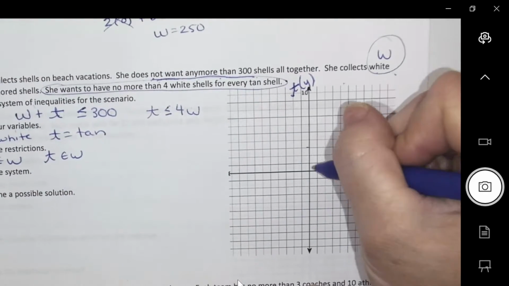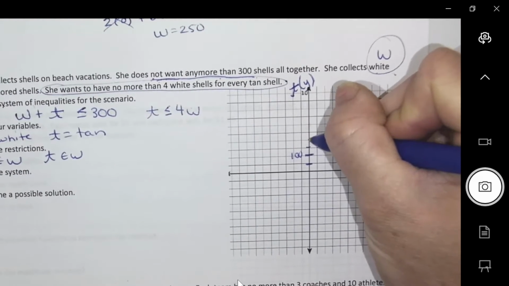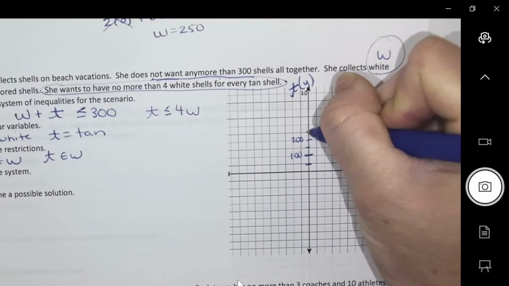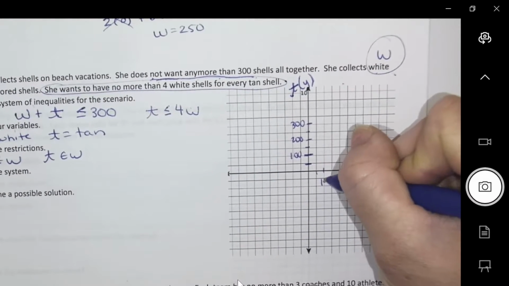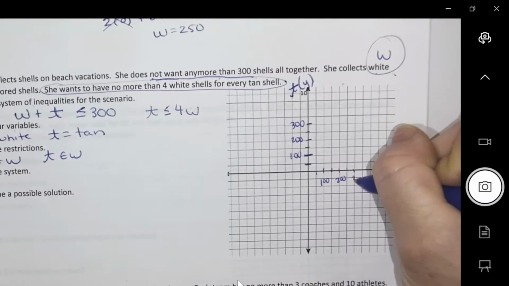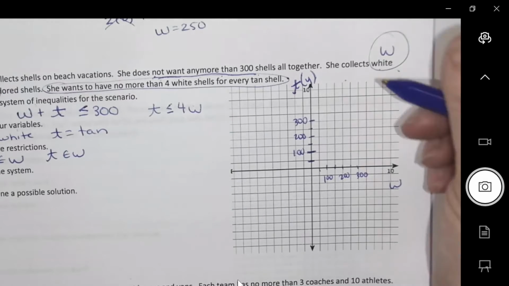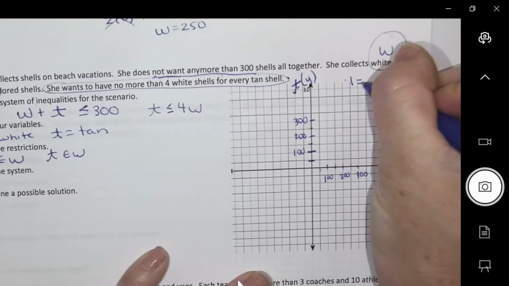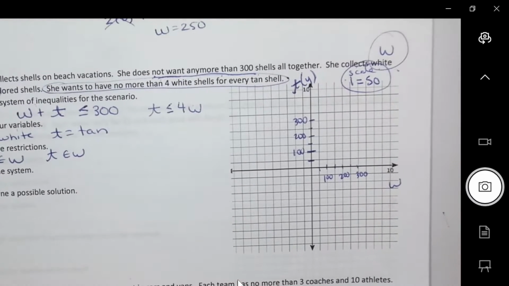Can't do what we did last time. Let's go up by 50s. I went up by 50s, so 1 equals 50. That's my scale, 1 equals 50.